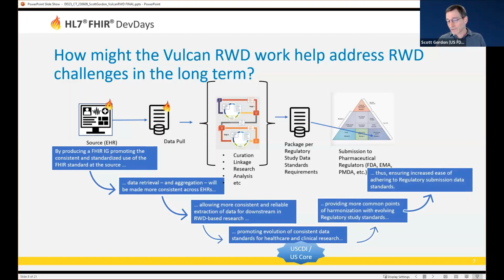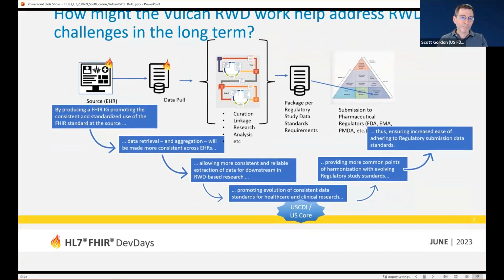And I highlight US CDI and US Core from a US perspective, and there are international versions of this, a sort of nexus where a lot of this can happen, where the learnings even from this track are fed into proposals for additional elements to include in future versions of US Core, which could then potentially be adopted by regulators such as FDA.